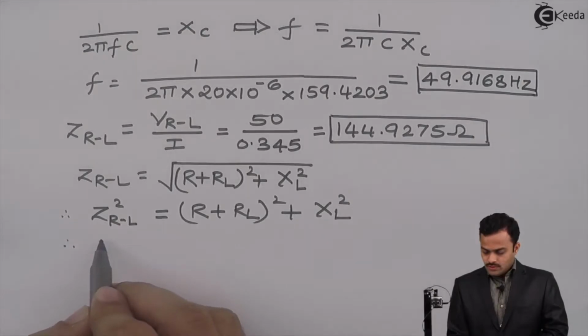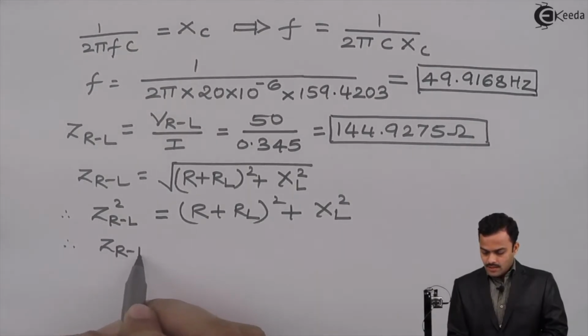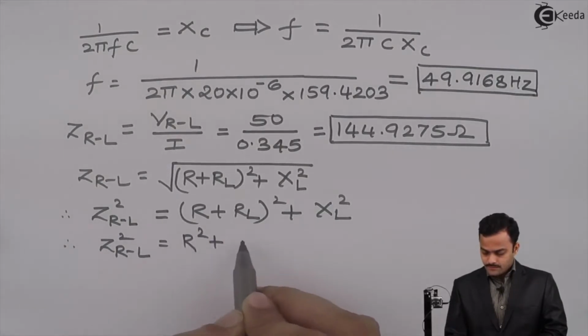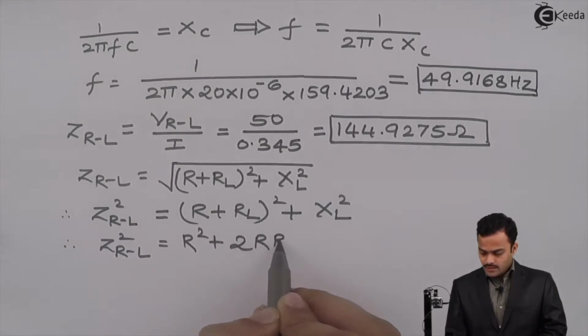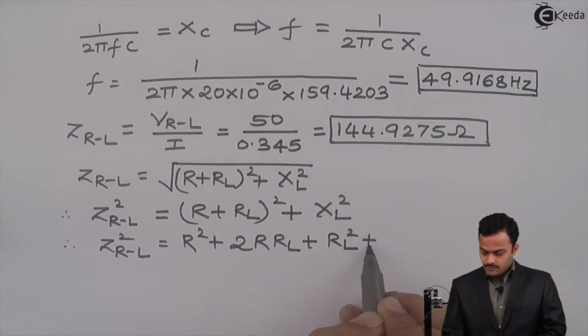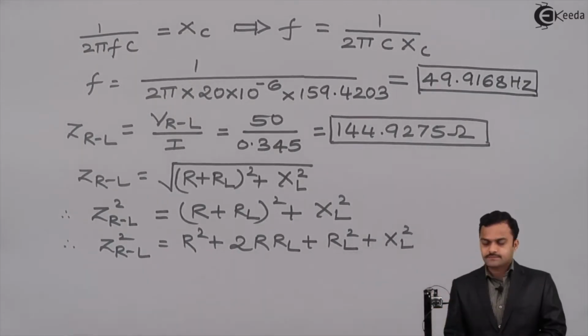So it is ZRL square equal to R square plus 2 times R into RL plus RL square plus XL square.